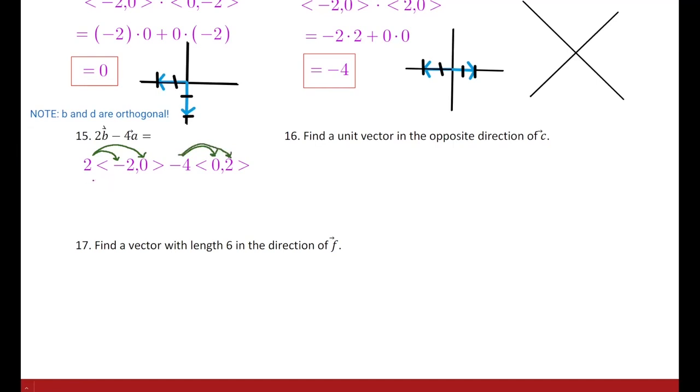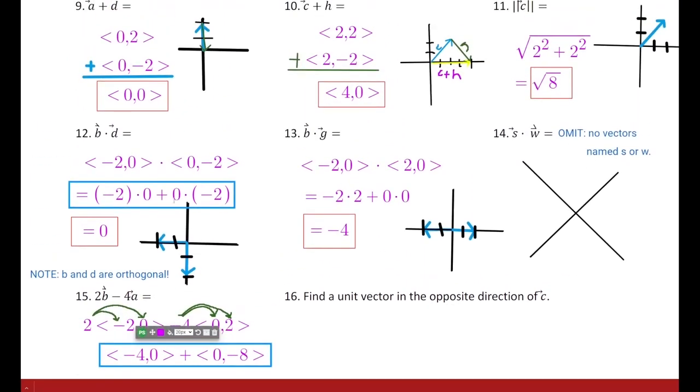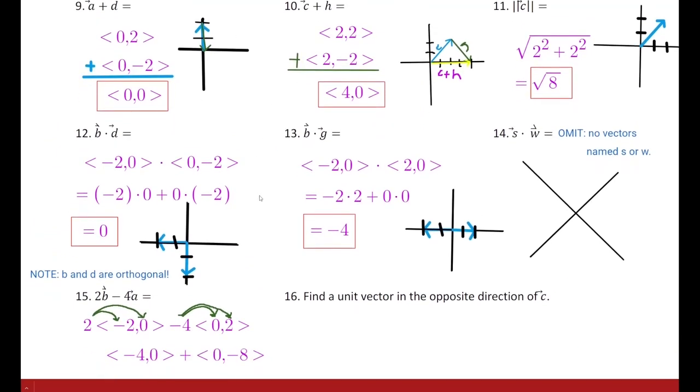Okay, so 2 times -2 is going to be -4. 0 times 2 is 0. And then -4 times 0 is 0, and -4 times 2 would be -8. At this point, we're going to add, like we did in 9 and 10.